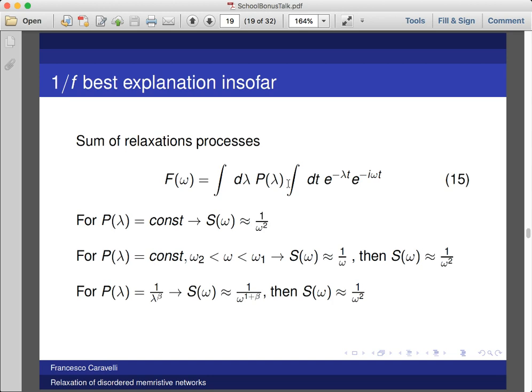And if the spectrum of these lambdas is broad enough, then you're going to obtain a power law which is usually of order 1 in this sense.